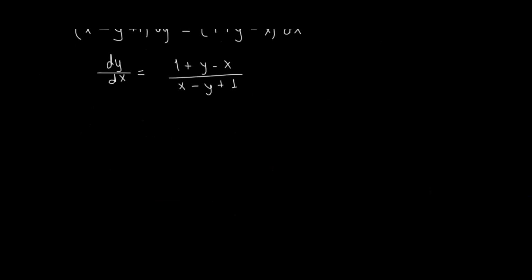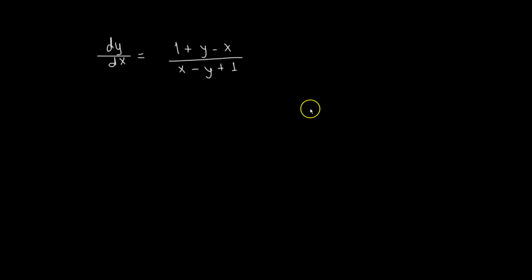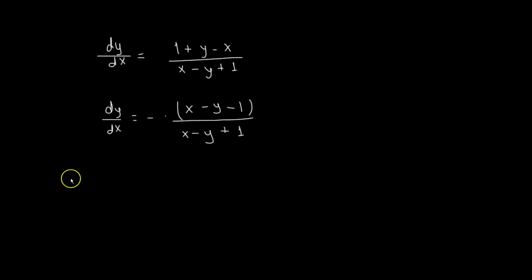So we will rewrite the right hand side: we'll take negative common, so that dy/dx = -(x - y - 1)/(x - y + 1). Now we will make a substitution.